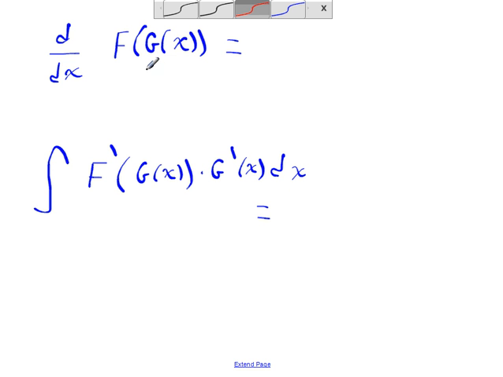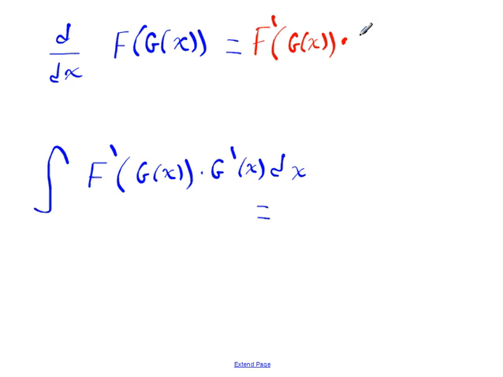So we know the derivative of the chain rule, as hopefully this is fresh in your head, is the derivative of the outside function, f prime of g of x, times the derivative of the inside, g prime of x.